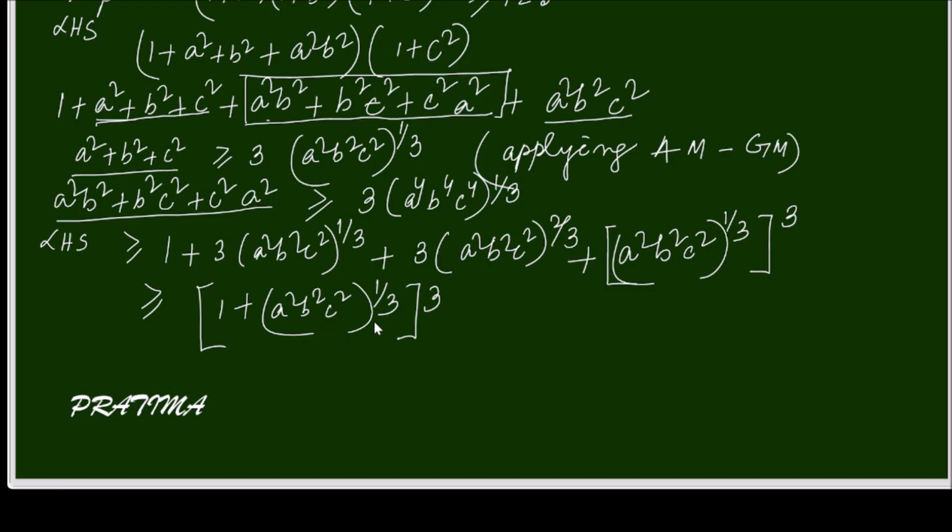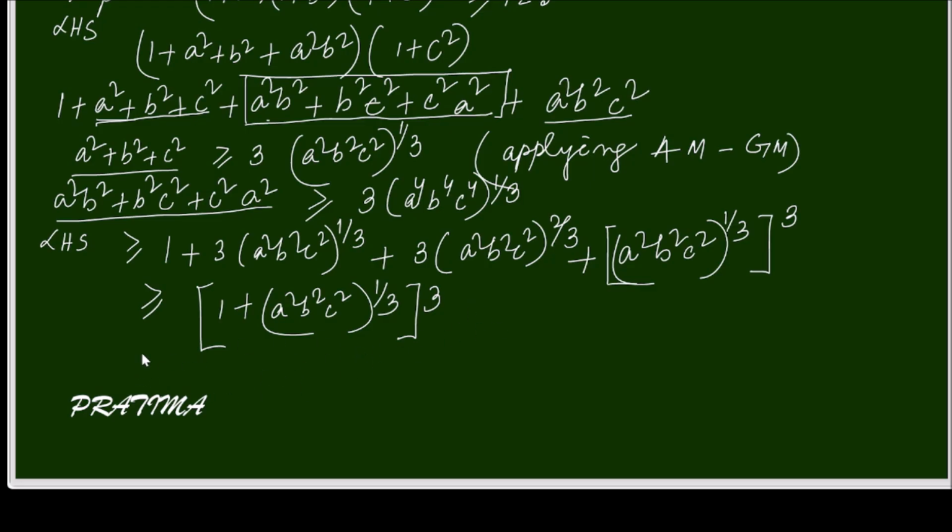We can check again: 1 cube, then (a square b square) whole cube, 3 into (a square plus b square plus c square) to the power 1 by 3, and this is to the power 2 by 3. So this is how much?